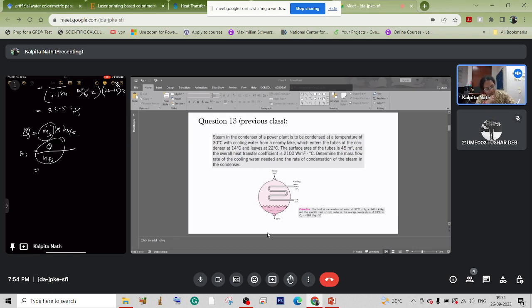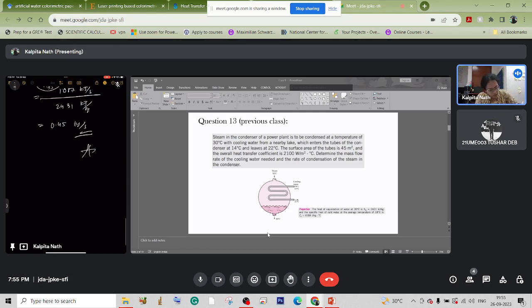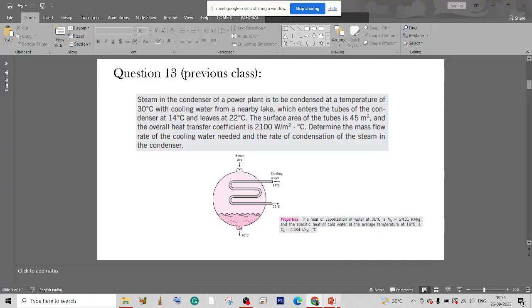This is 1087 upon 2431 kilojoule per kg. Right. So this will come out to be how much? This will come out to be 0.45 kg per second. So this is the answer for this question. Let us proceed to the next question now.